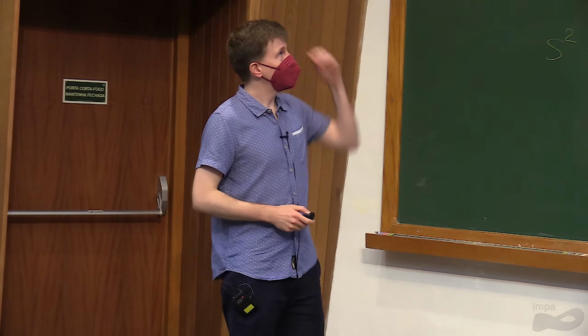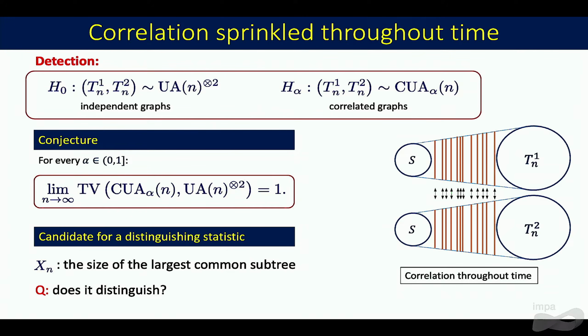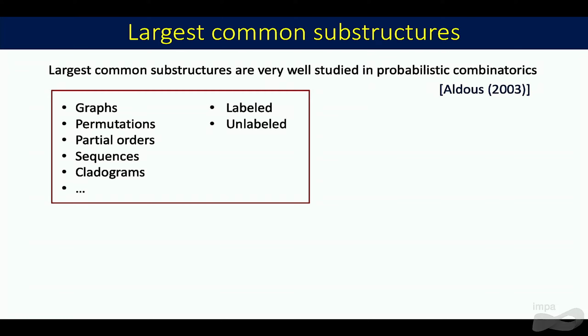Okay, so this is a particular specific motivation. Let me tell you about a broader picture of where this fits in. If we think about probabilistic combinatorics, we study various combinatorial structures, and we often study what happens if we pick some kind of distribution over them. One natural thing you can do is to take two such structures.